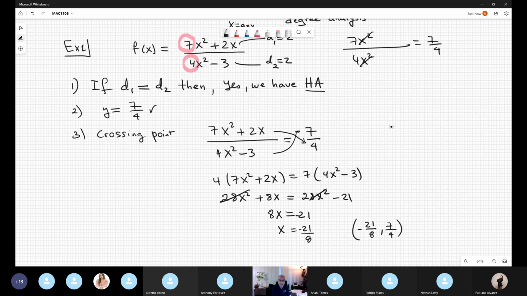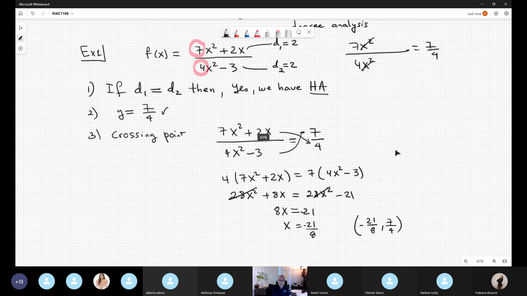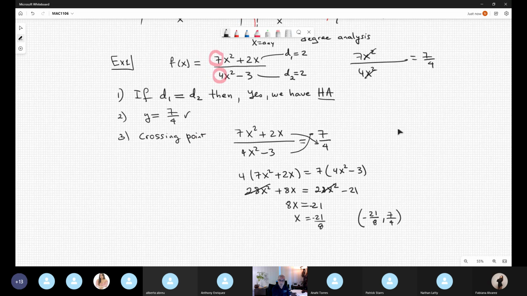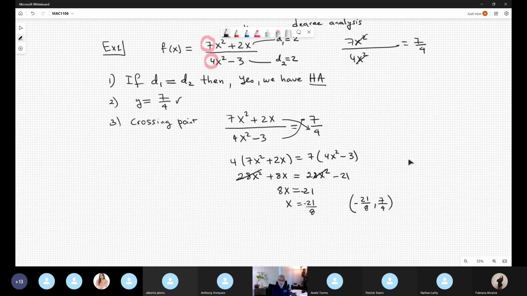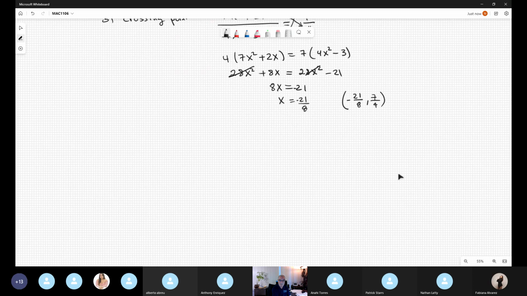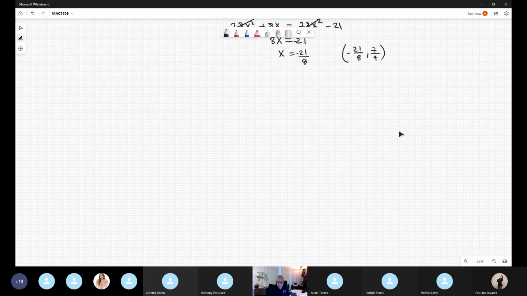So we are doing the analysis of the degree. If the degree is the same, or if it's different, let's see what happens. But so far, no. I bring 2 more examples, and you help me to understand this. Example 2 and example 3. I want participation.